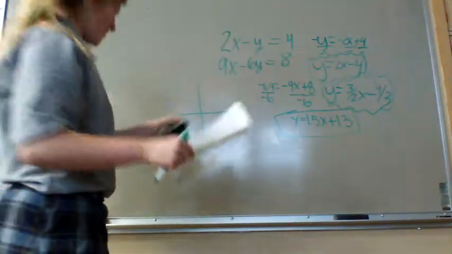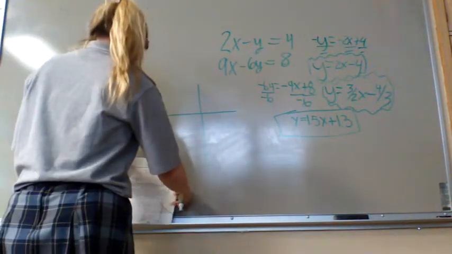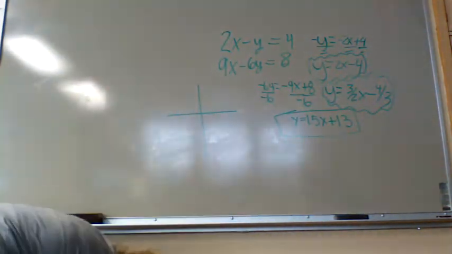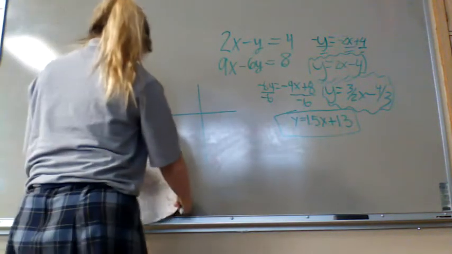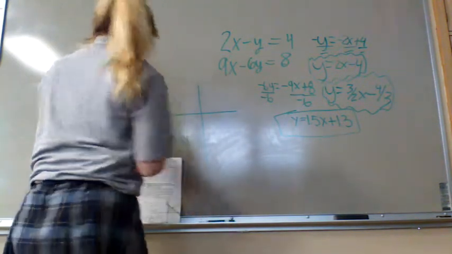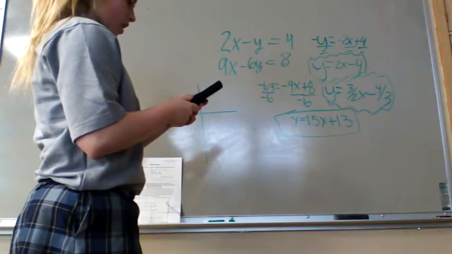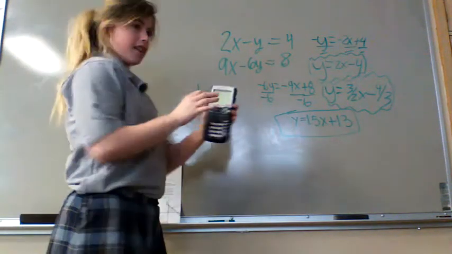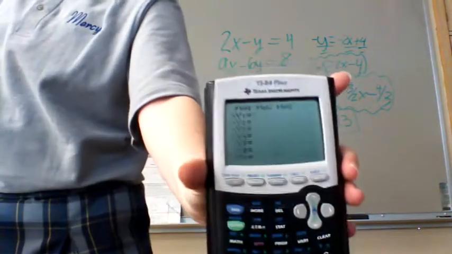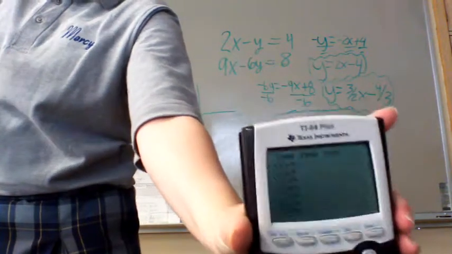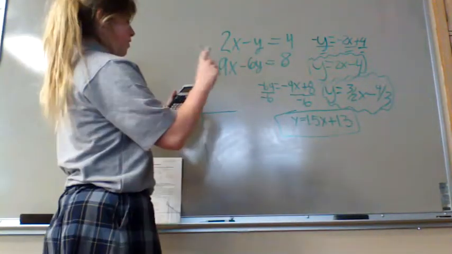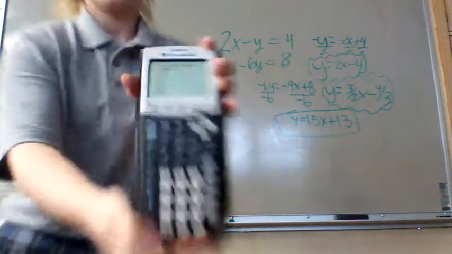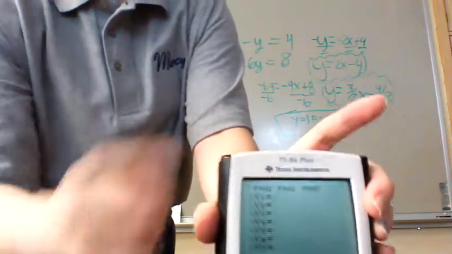And then we took our graphing calculator and we filled it in. We put it on plot 1 and plot 2, and we filled those equations in for y1 and y2 on this graphing calculator, as you see here.